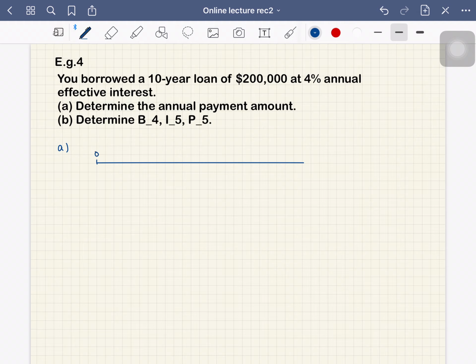We know the original loan amount is 200,000, the loan term is 10 years, and we repay the same amount for 10 years. And we want to determine the amount R.